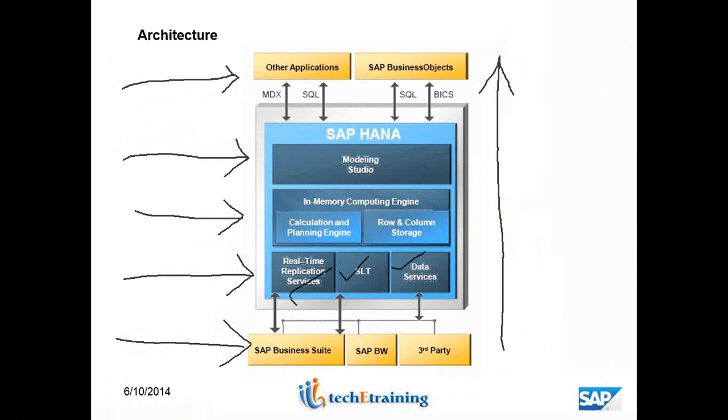So these are the various layers. So you have a source system layer, extraction layer, processing layer, design layer, and the reporting layer. It's a very frequent interview question to describe the architecture layers of HANA.